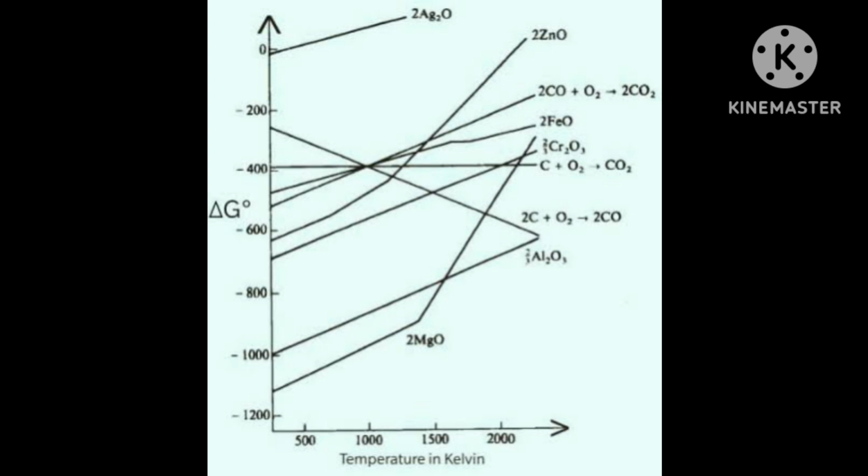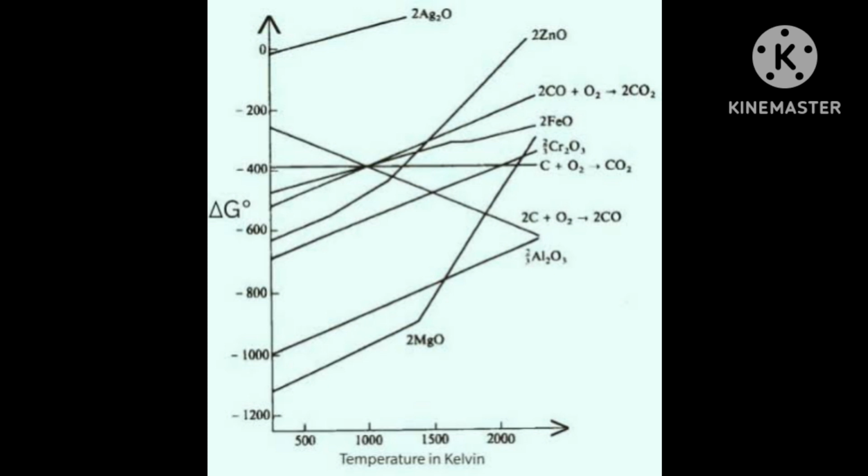It is very interesting to note that delta H, that is the enthalpy change, and delta S, that is the entropy change, for any chemical reaction remain nearly constant even on varying temperature.